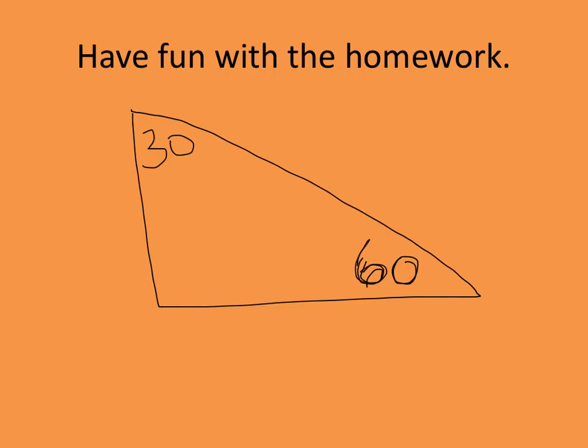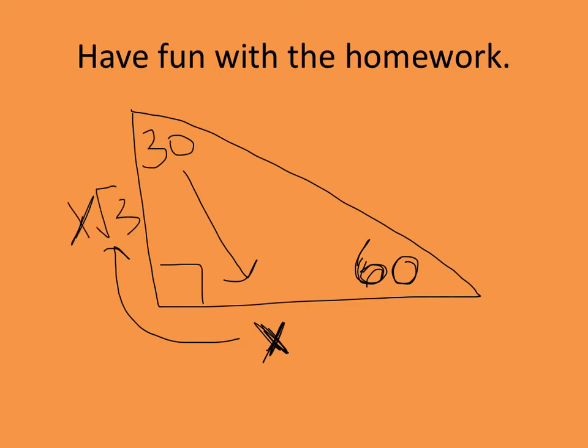So remember that if the 30-degree angle is here, the shortest side would be in this location. So that would be x. And then opposite 60 would be x root 3. And then the hypotenuse, therefore, would be the longest side, 2 times x, which would be 2x.